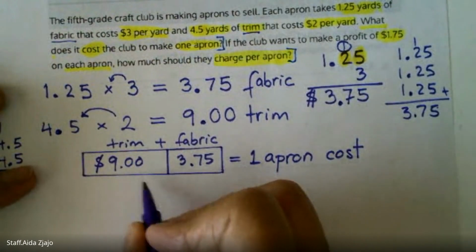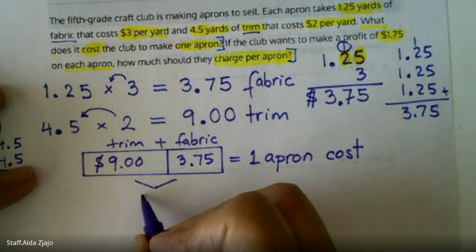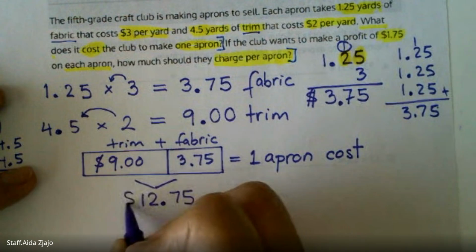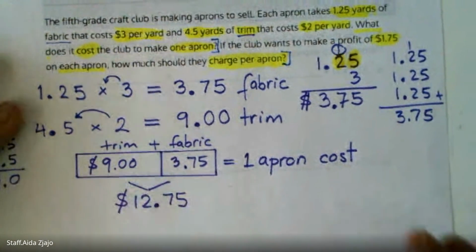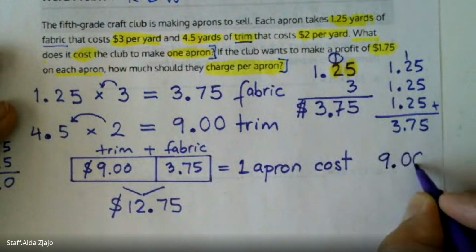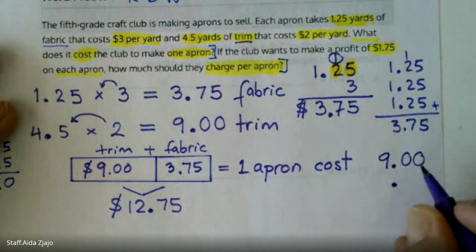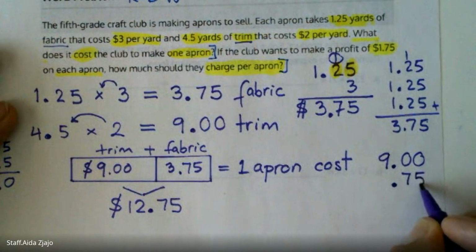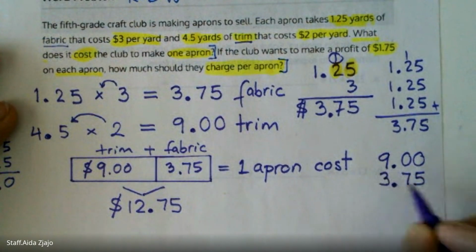So this all together is $12.75. If you want to check, you can put 9 wholes on the side and then the decimal, and on the right side you have 75 hundredths. You have 3 wholes.